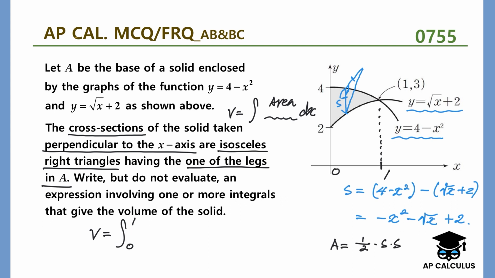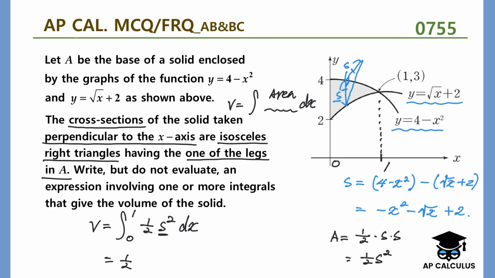Here's s, here's also s, it's an isosceles triangle, so that's equal to 1/2 s squared dx, and we have to write s in terms of x. So that's going to be 1/2 times the definite integral from 0 to 1. s is right over here, negative x squared minus square root of x plus 2, squared, dx. That's our volume.